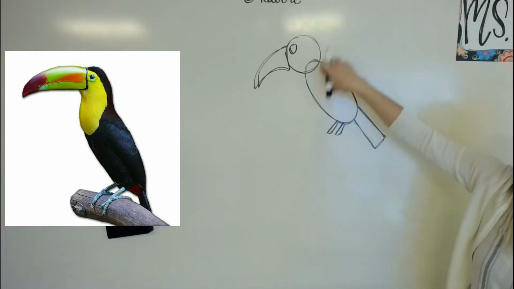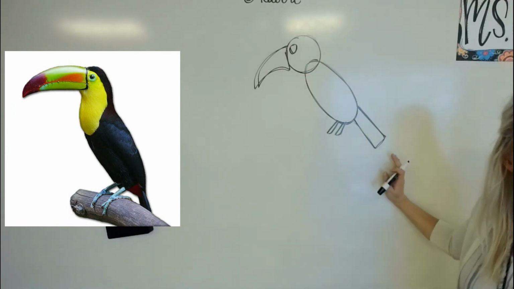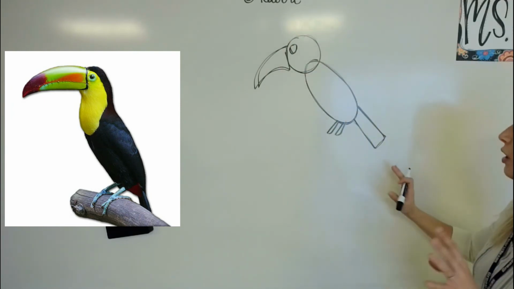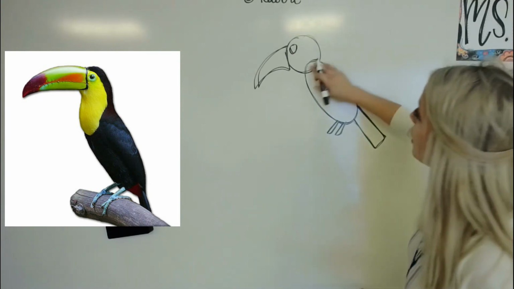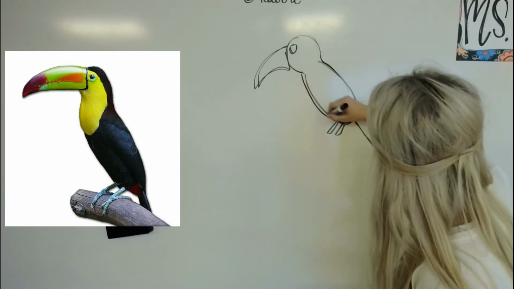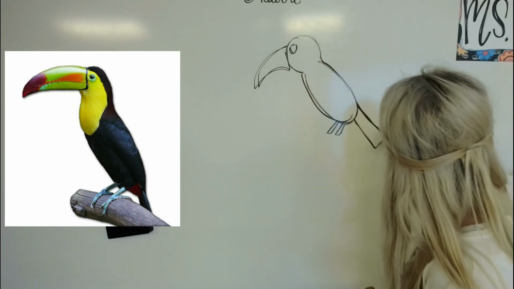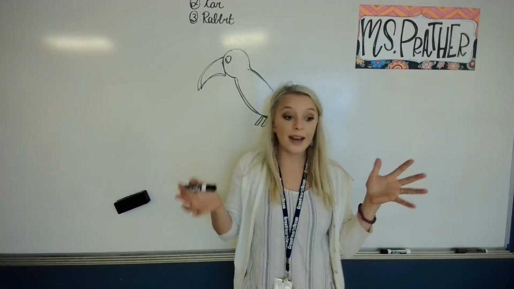So from here, you're going to adjust. So I have drawn my basic shapes, and now I'm going to look at the picture, and I'm going to draw it as best as I can the way that it actually looks in the picture. So you can obviously erase your lines if you want. You can go back in and adjust some of your shapes so that they look a little more realistic, and so on, okay? Go ahead and start now.